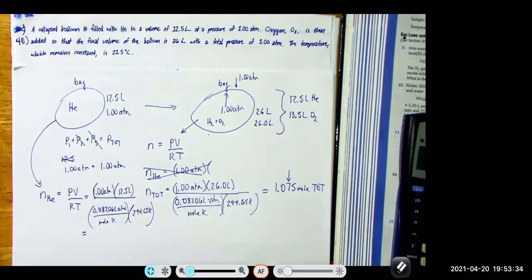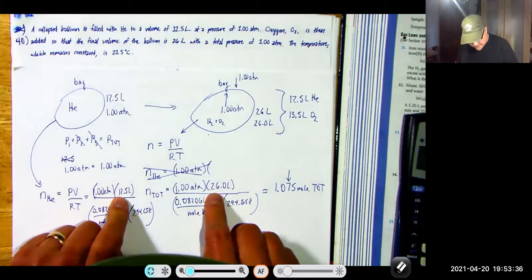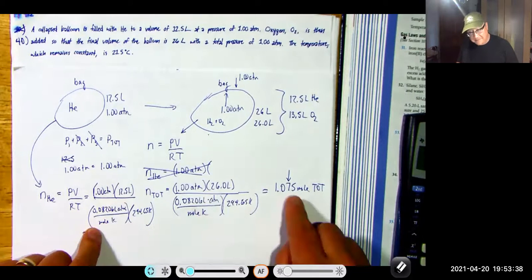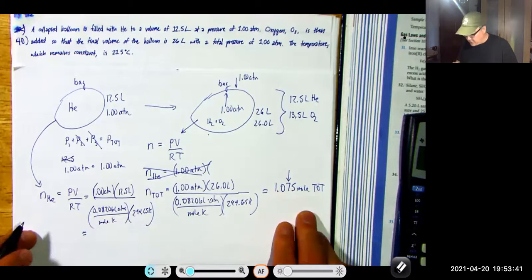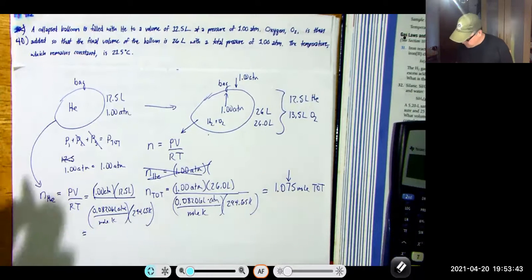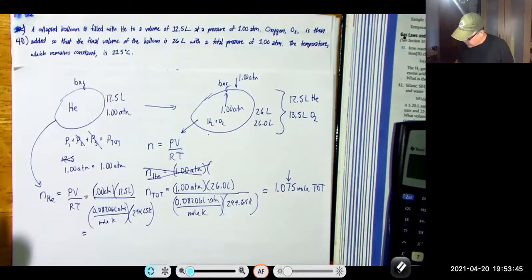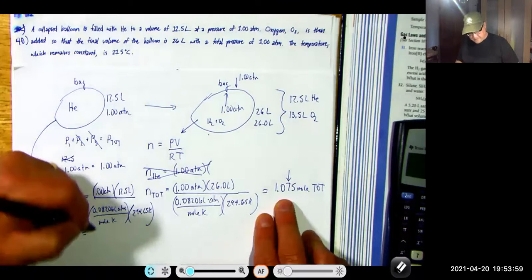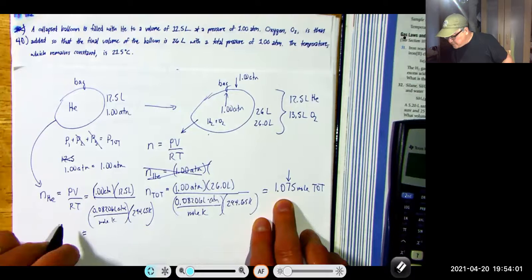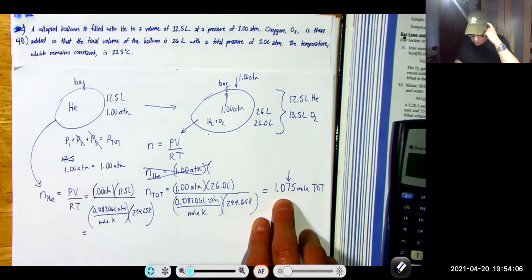Well, since this is 12.5 and not 26, the answer here should be about half of that, right? Right. So let's see what we get. 1 times 12.5 divided by 0.08206 divided by 294.65, and we get 0.51, which is more than half.